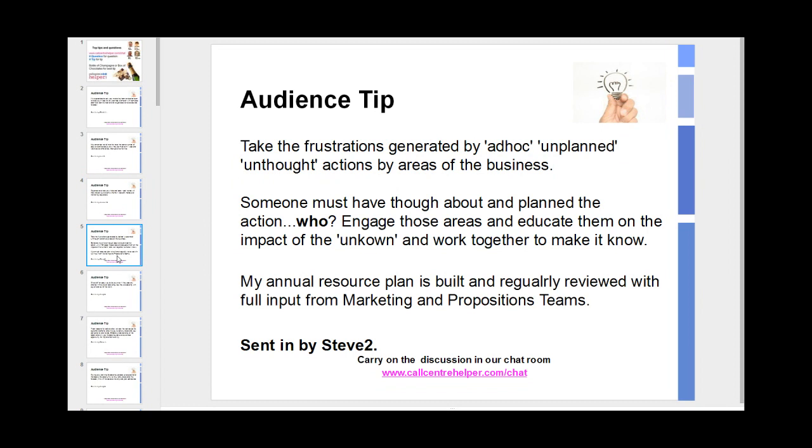My annual resource plan is built and regularly reviewed with full input from marketing and proposition teams. I think it's an excellent tip, Chris. It's a bit of a cliche, but you can never have too much communication between departments. However you best achieve that will depend on the organisation of your company. Dean mentioned his experience, which worked very well, having regular meetings. But at the end of the day, we're all in the same boat.